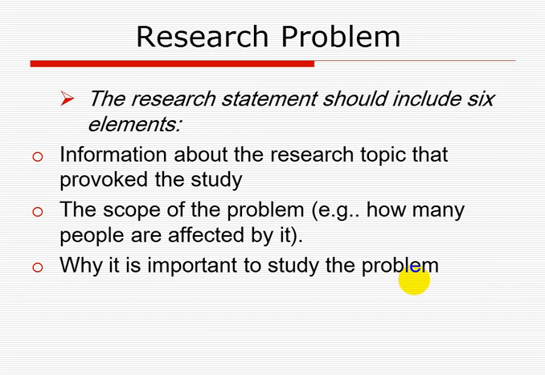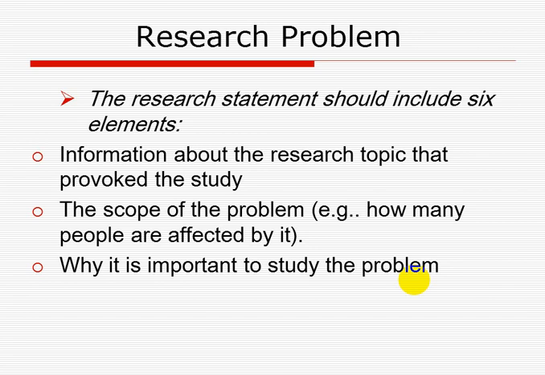And also the scope of the problem, like how many people are involved in your study, how you can collect the data, and where you collect the data. That is the scope of the problem, and how many years, how many months, and how many weeks, so that you can set up the time frame for your research.